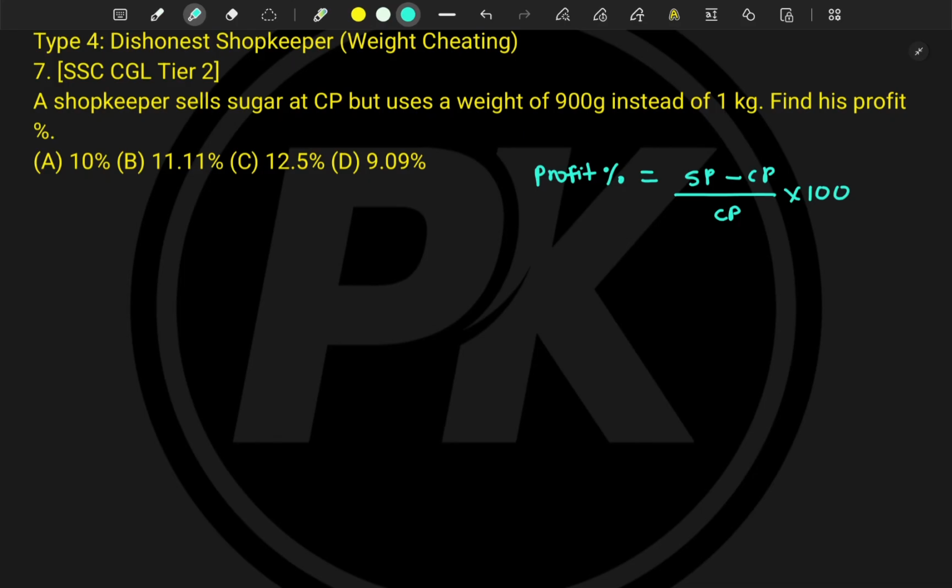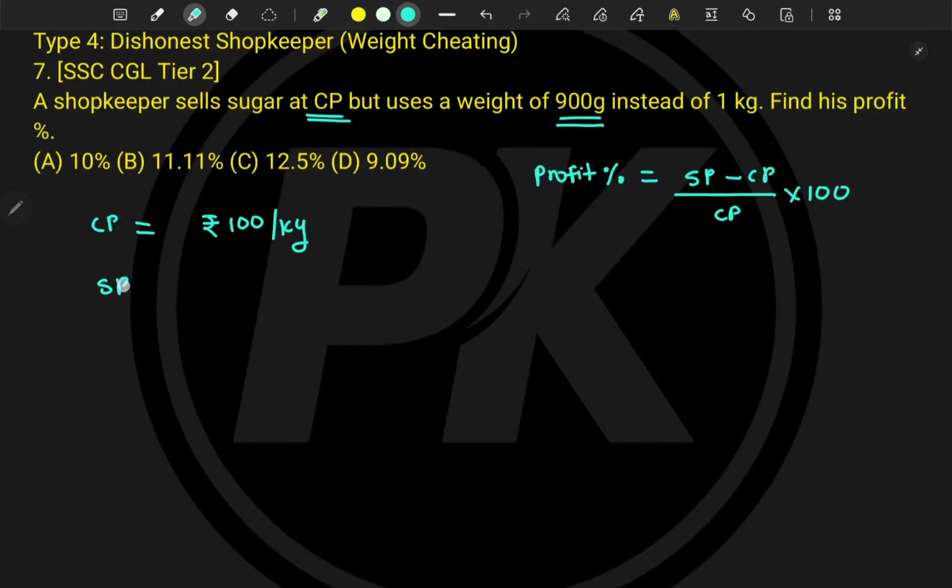Now we have to put these things into this formula. Now tell me, the shopkeeper is selling sugar at cost price, right? Let's say the cost of sugar is 100 rupees per kg, and this is the cost price. He is selling at the cost price, but he is weighing only 900 grams.